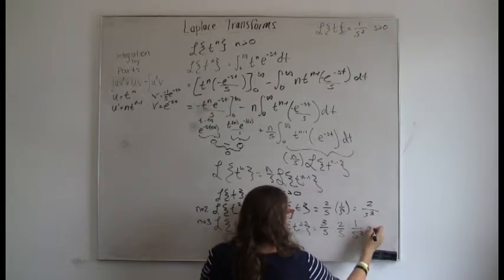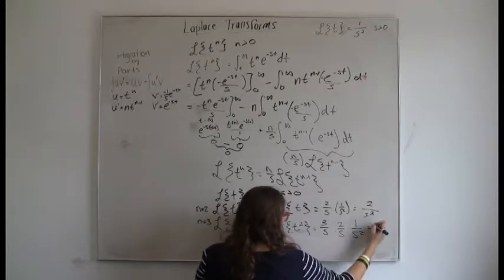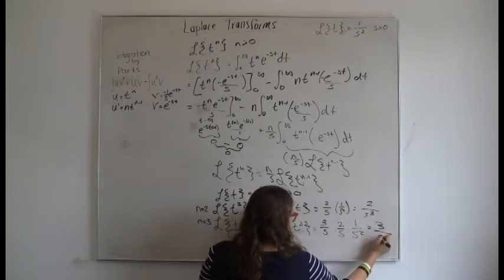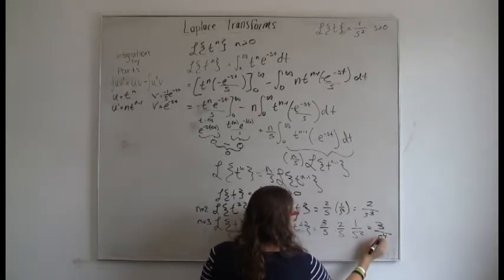So now you can see that the numerator of these terms is 3 factorial. So we have 3 times 2 times 1 over s to the 4th, 3 factorial.